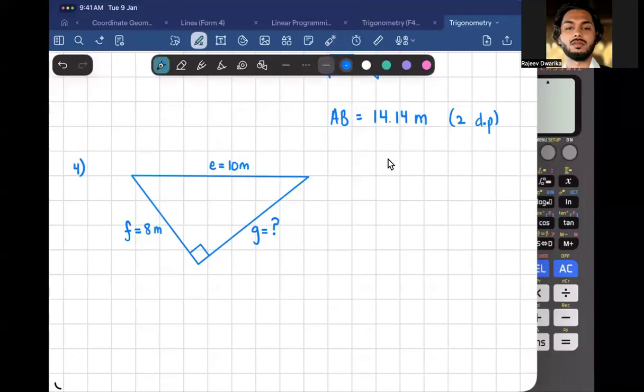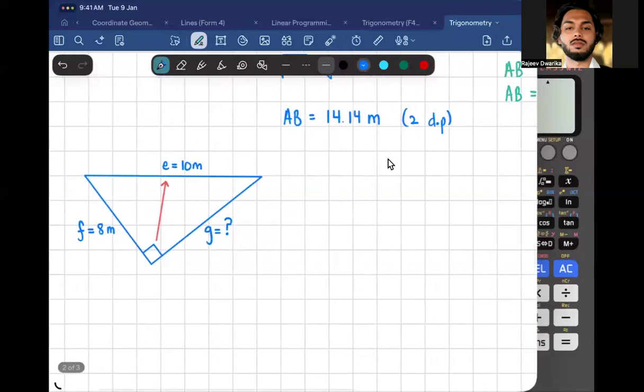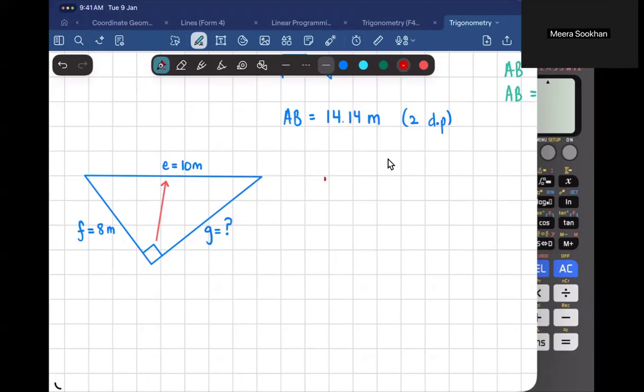So Mira, first of all, tell me, what is the hypotenuse? E. E is the hypotenuse because it's opposite the right angle. Okay, right? So what is the formula we're going to write? Not G squared.